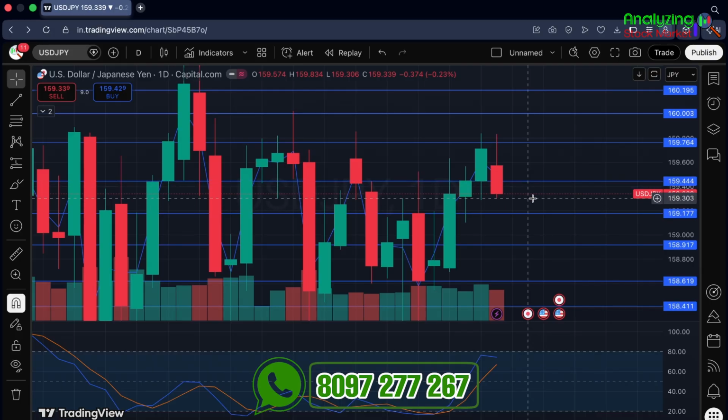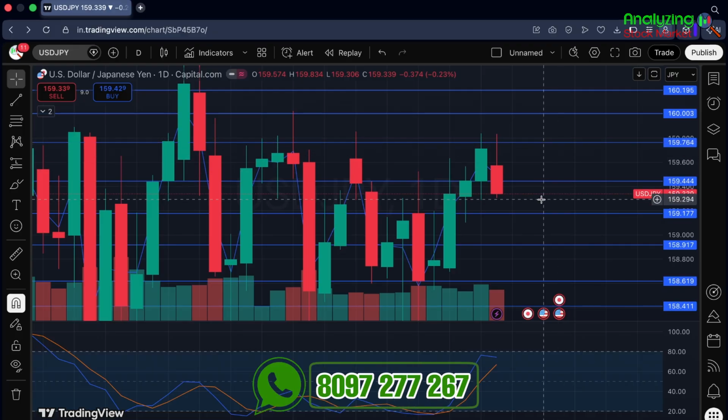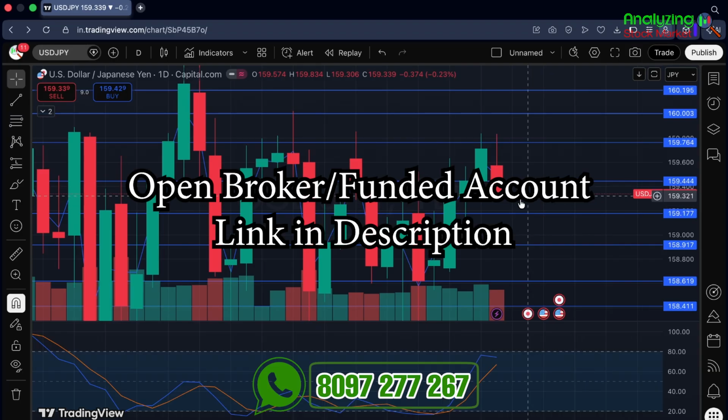But if you're going for any short trade, then only go for a short trade once 159.177 gets breached and a 4-hour or 1-day candle gets closed below this, then you can go for a short till this level, which is 158.917. And if you're going for any long trade, then only go for a long trade once 159.444 gets breached and a 4-hour or a 1-day candle gets closed above this, then you can go for a long till this level, which is 159.764. Overall, my expectation is a bit negative in a sideways range or in a no trading zone. What are your expectations?